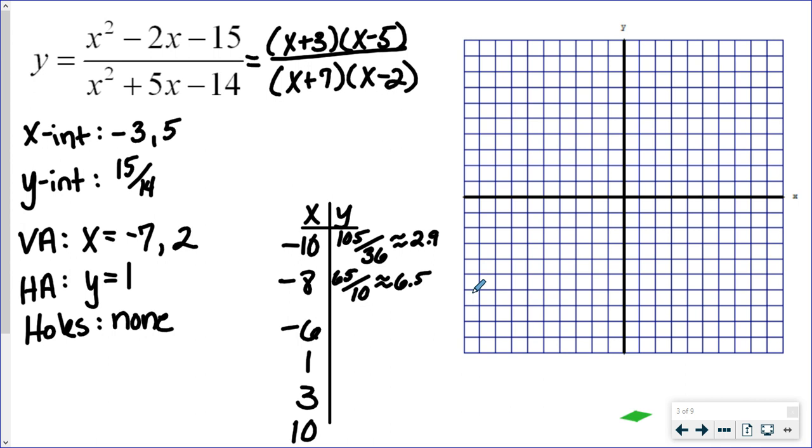All right, we plug in -6, we get 36, plus 12 is 48, minus 15 is 33. And if you catch me making a mistake, let me know. I try to go pretty quick. All right, plugging in -6 into the denominator, we get 36, minus 30 is 6, minus 14 is -8. All right, so what is this close to?